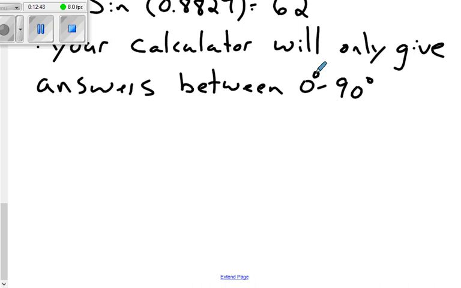It just won't. So you just have to be aware, if you're solving for an obtuse triangle, and it gives you an answer of, say, 62, you need to go 180 minus that number. All right?